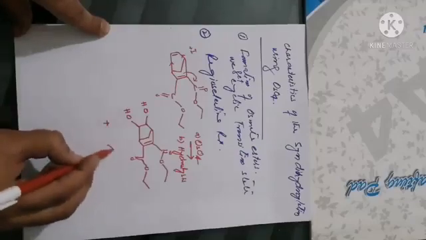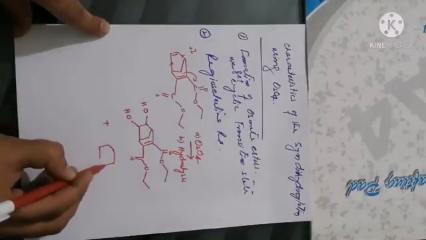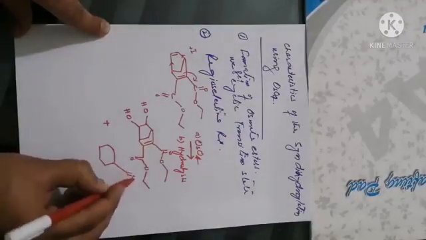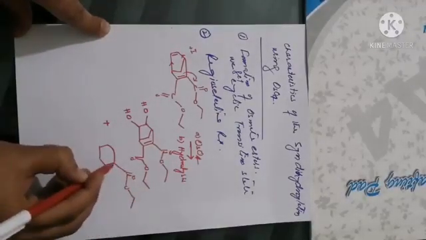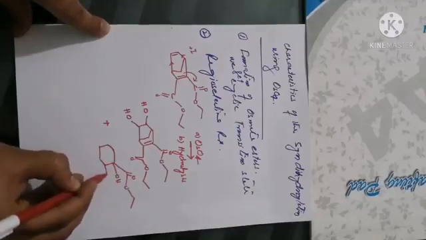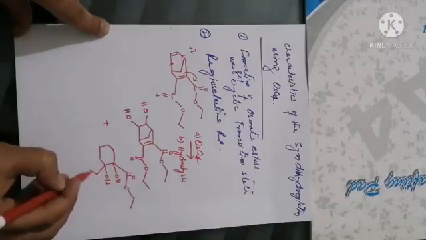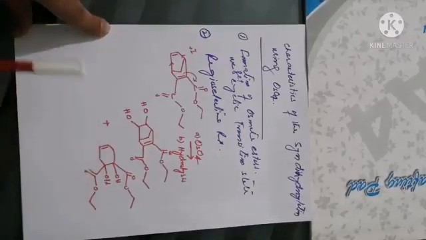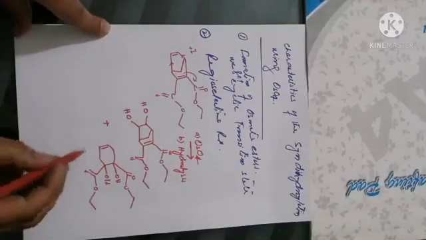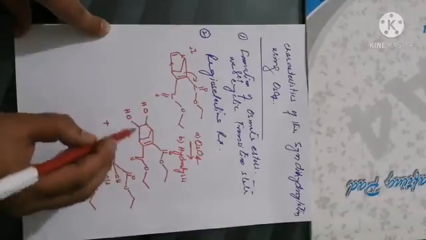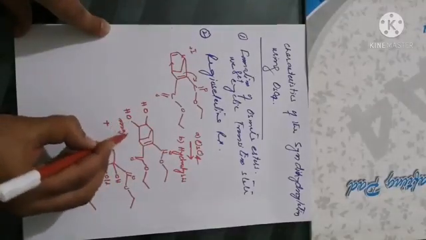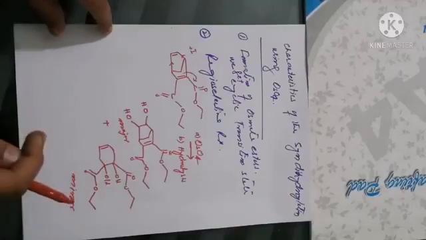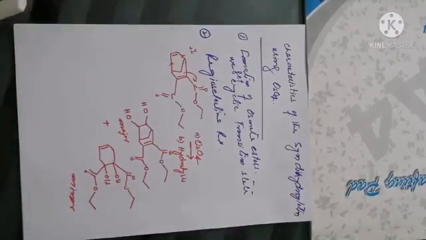We will also get another constitutional isomer, but this product will be major and this will be minor. So this is the regioselectivity of this reaction.